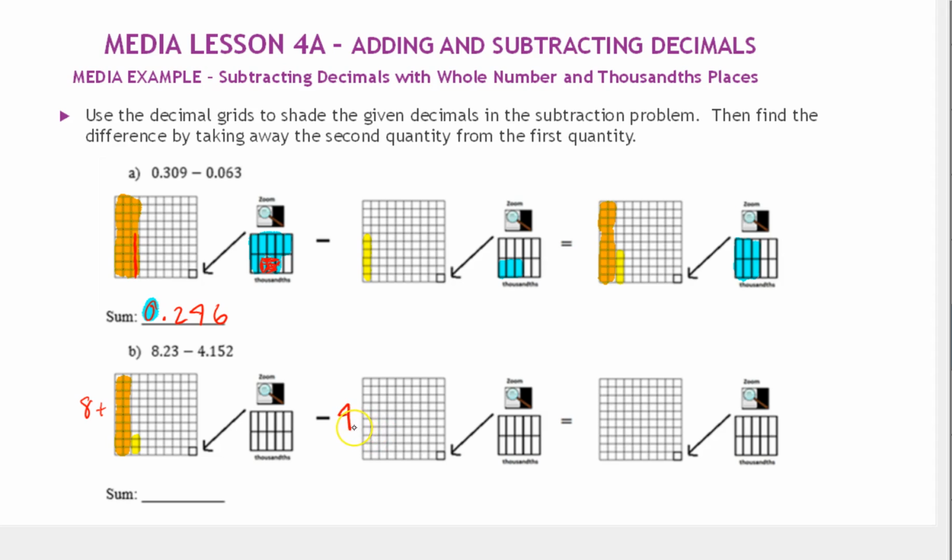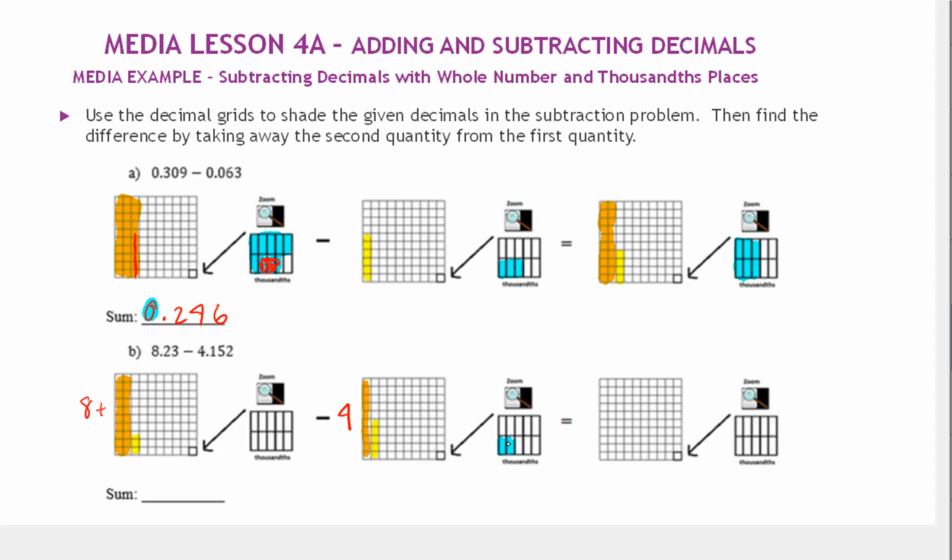And here we have 4, so we're going to subtract or take away 4 whole units from this. And also 1 orange strip, 5 yellow squares, and 2 blue thousandths.